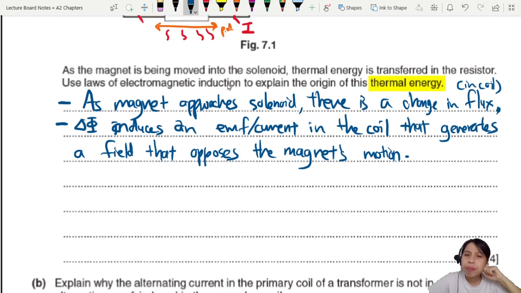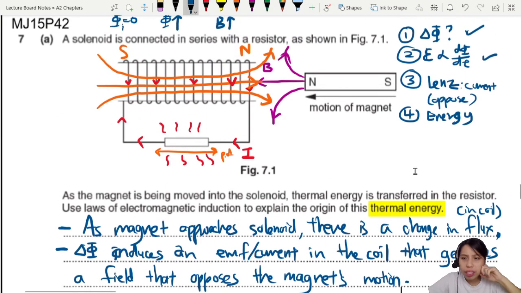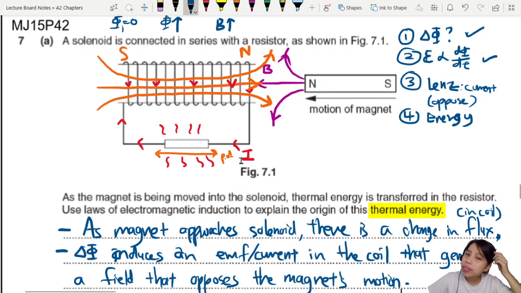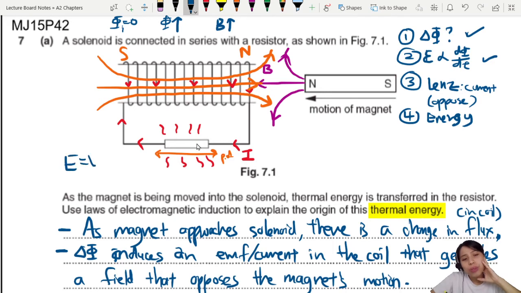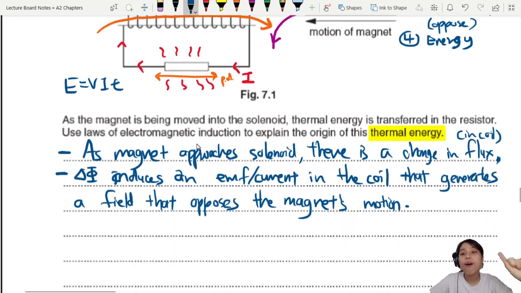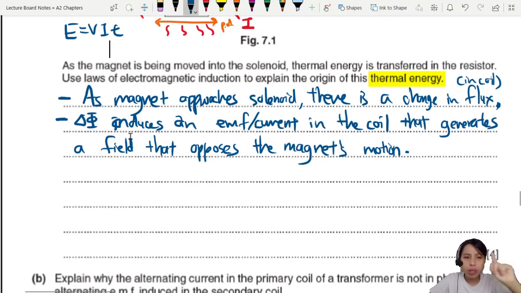Okay, what next? We haven't answered the question, why is there thermal energy, right? So when there's current, you can have energy loss. How do we calculate energy again? Oh, right. E equals VIt from AS, energy dissipated in a resistor. So if you have PD, you got current, over time, you will dissipate energy. But we don't need to talk about the equation. We're going to talk about energy.